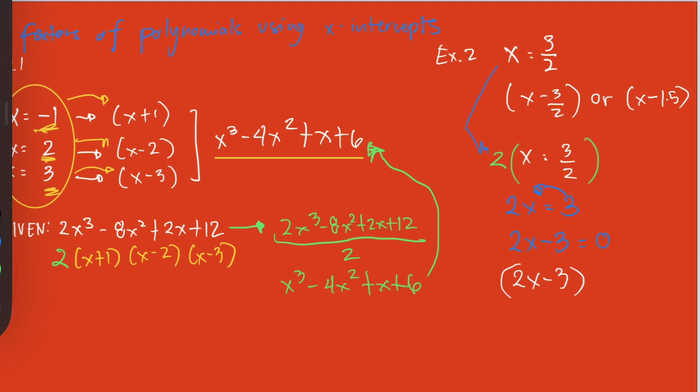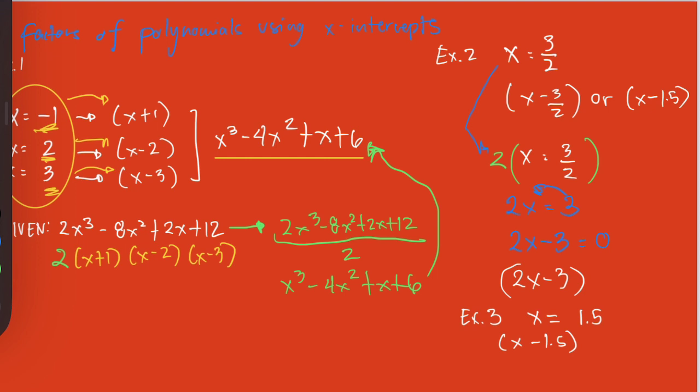If that doesn't work, if your calculators gave you something like this, I'll show this example. What if your calculators instead literally gave you x is equal to 1.5? For example, let's say it really gave 1.5. So your goal here is that you can still do what you did earlier. You can say you have x minus 1.5, but your goal now is to make it whole.